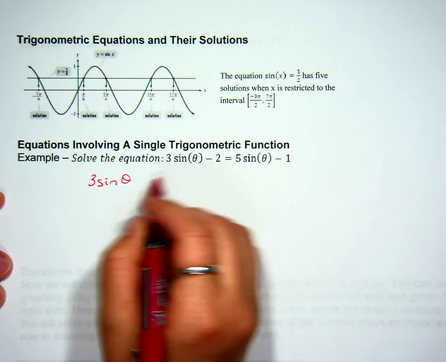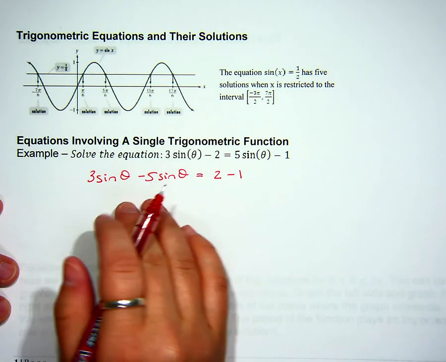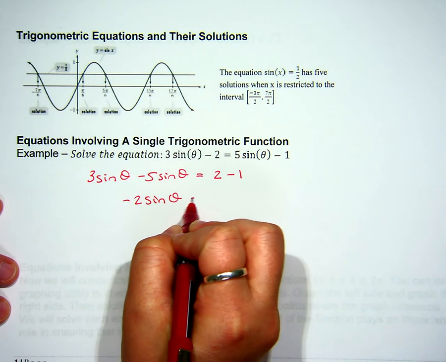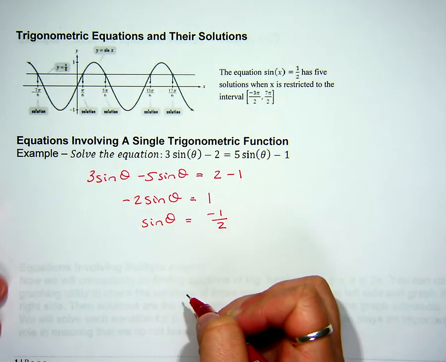I want to move the 5 sine theta over, and the 2 over, so that I have all my sine thetas on one side. Well, 3 sine theta minus 5 sine theta is negative 2 sine theta equals 1. I want to get sine theta by itself, so I am going to divide by negative 2.